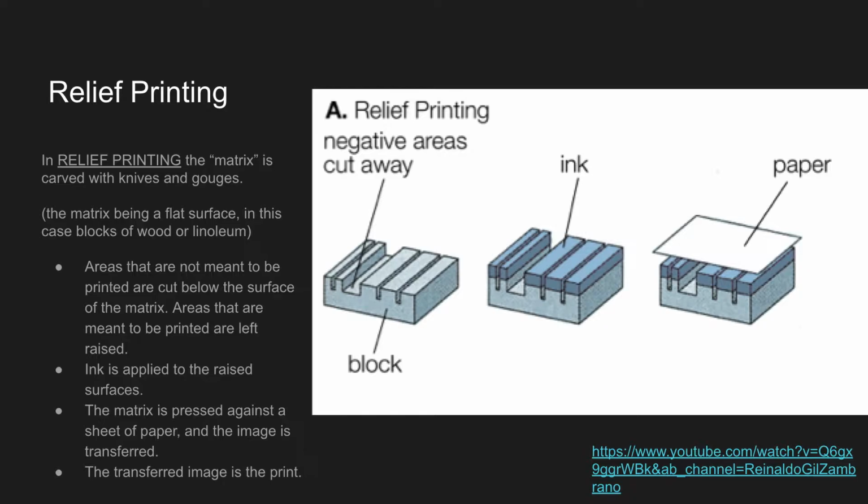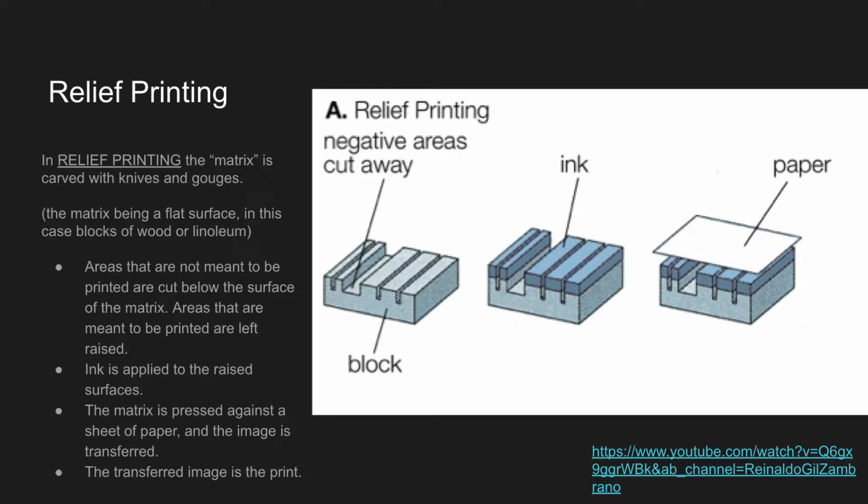Areas that are not meant to be printed are cut below the surface of the matrix. Areas that are meant to be printed are left raised. So let's look at this image. We have the block. This is what I'm calling the matrix. In that first point that I made, areas that are not meant to be printed are cut below the surface.